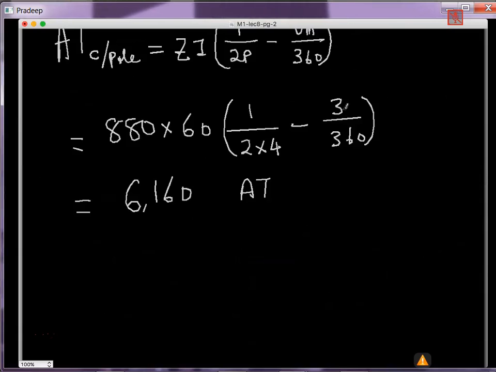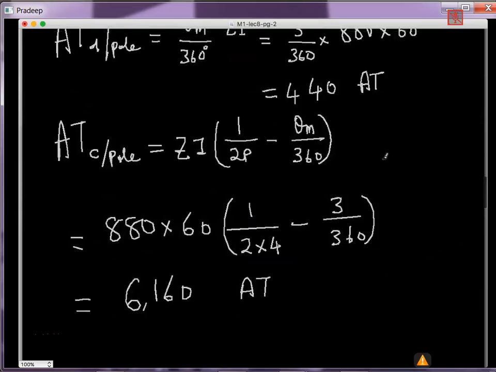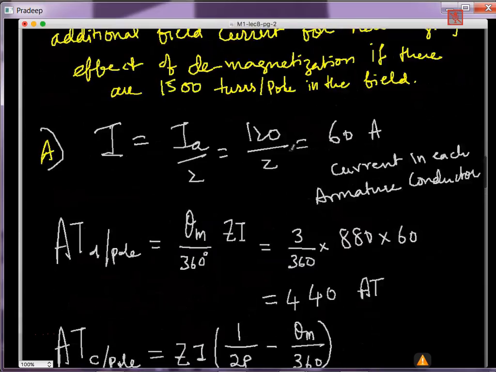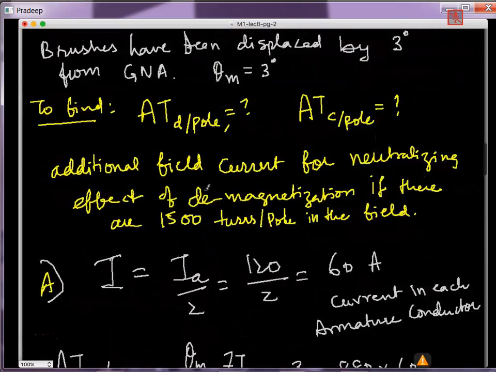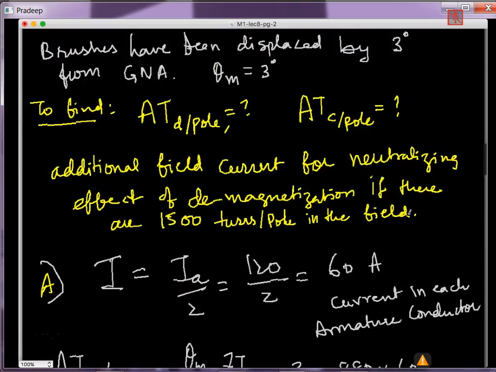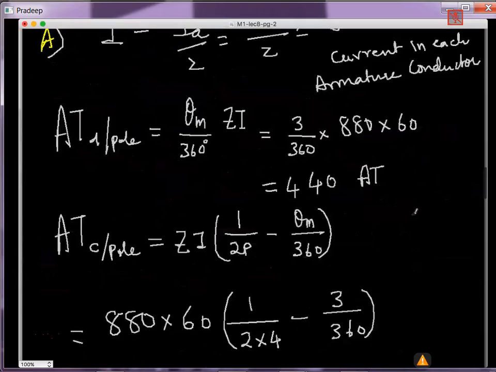Now, the third part of the question is the additional field current for neutralizing the effect of demagnetization if there are 1500 turns per pole in the field. How many ampere turns are required for demagnetization? 440.